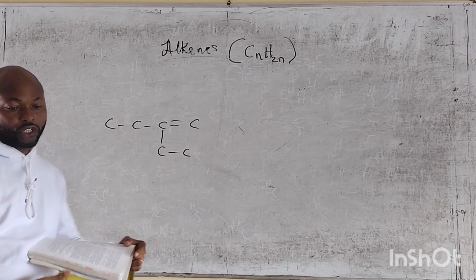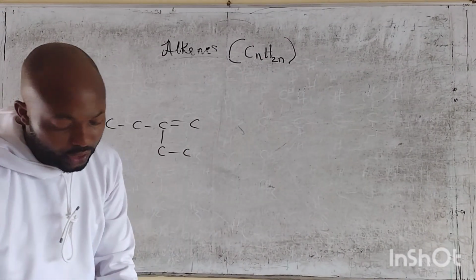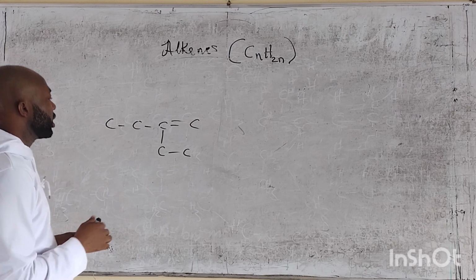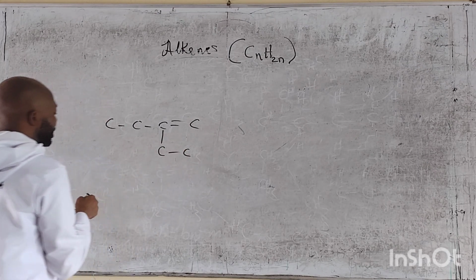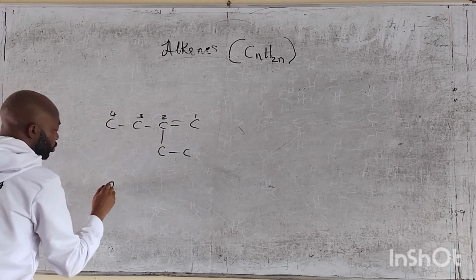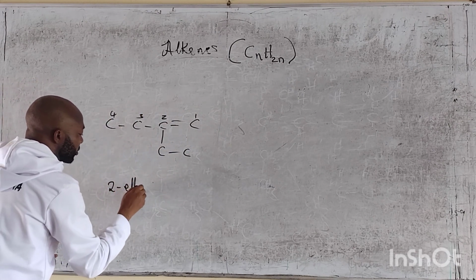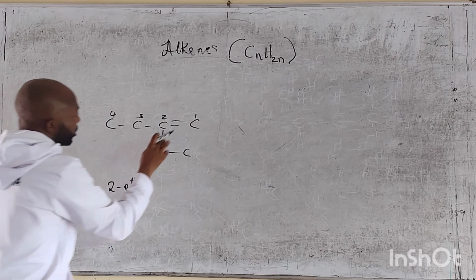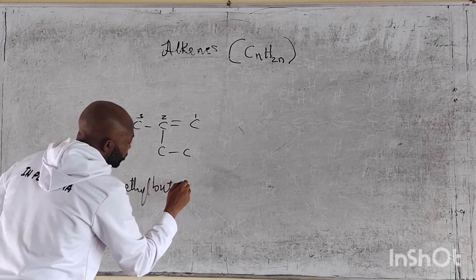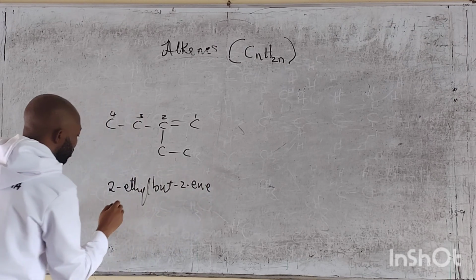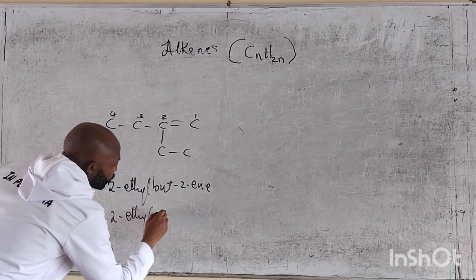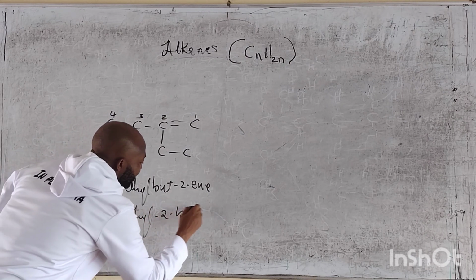Okay, so since there is a substituent there, a substituted alkene, 1, 2, 3, 4 is our parent chain. So what they are telling us is, this is 2-ethyl, 1, 2, 2, 3, 4. 2-ethyl-2-ene, or 2-ethyl-2-butene.